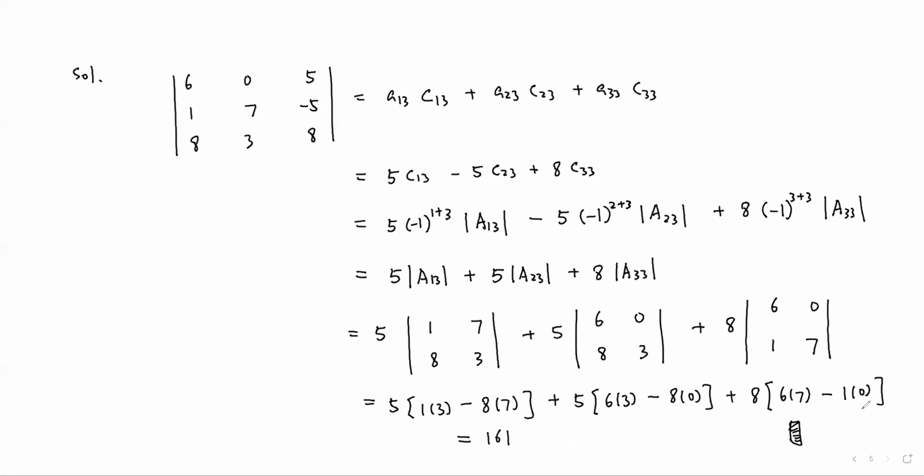This is example 2. Now, example 3. Okay, pick rows and columns that have the most zeros to expand.